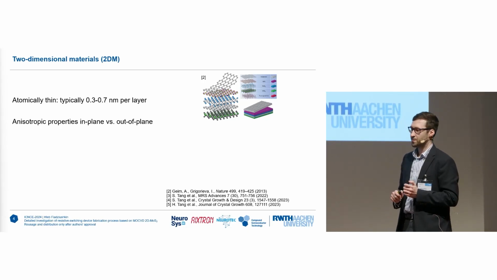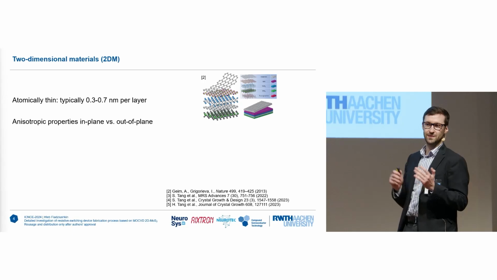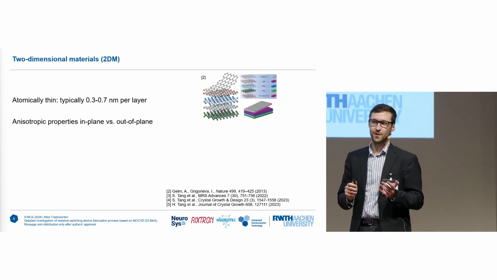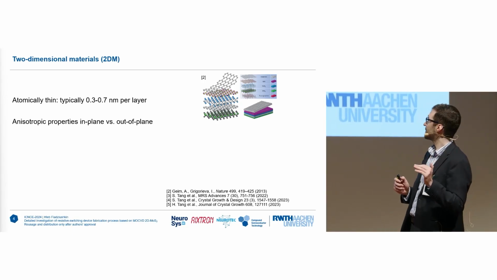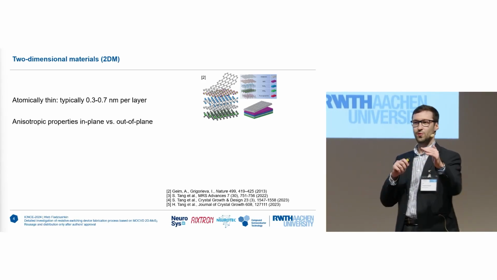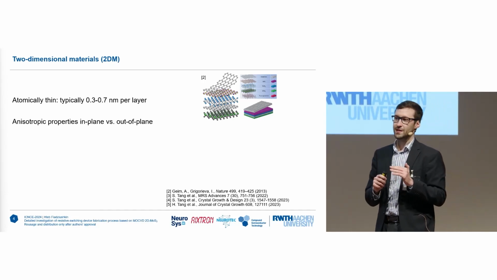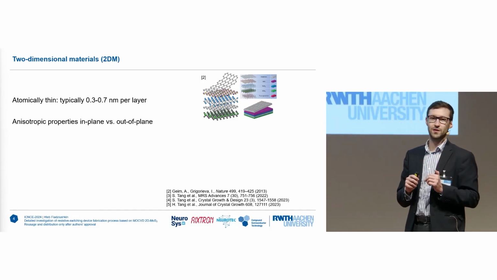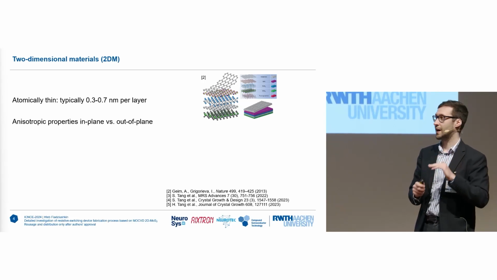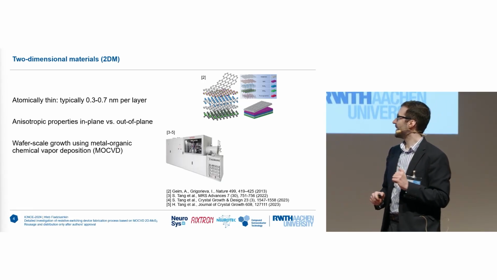When we speak about two-dimensional materials, you can imagine them as Lego building bricks, which are individual ones, basically 1, 2, 3 atoms thin, and you can stack them in completely different combinations. This is all enabled by the vastly anisotropic properties of these materials in and out of plane, to which I will not go into a lot of detail right now.